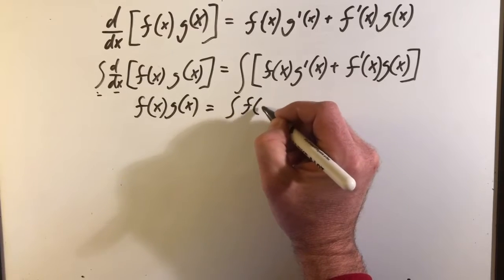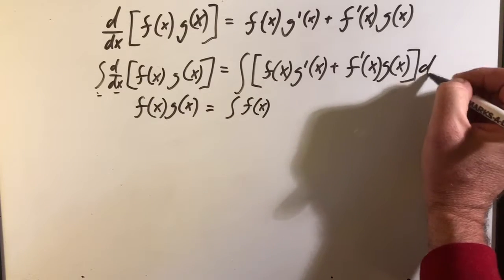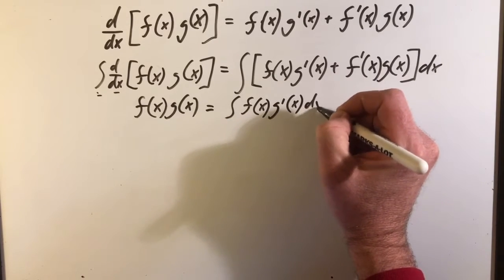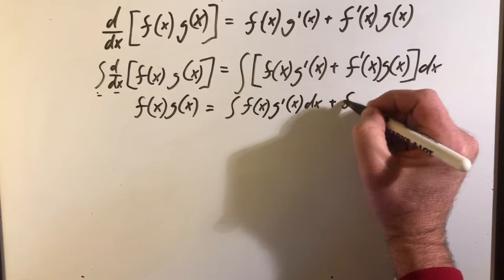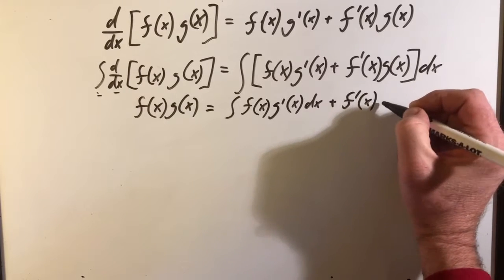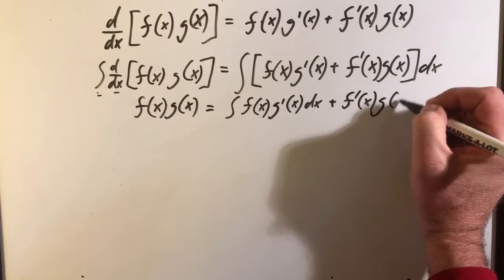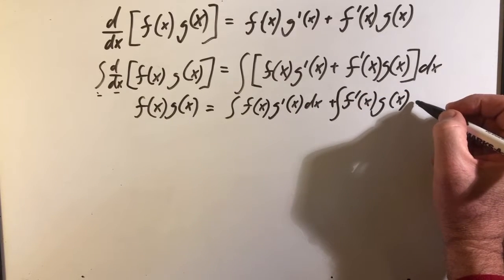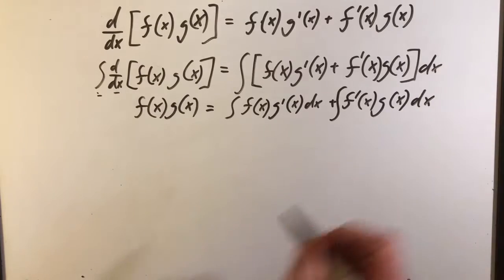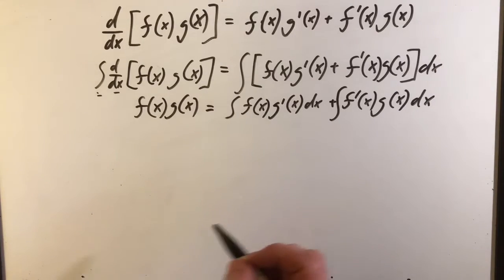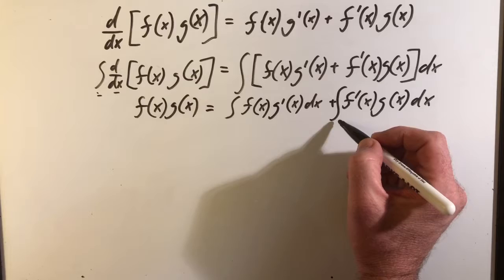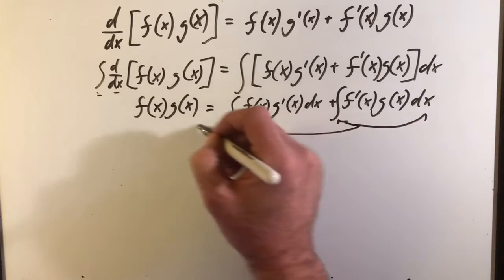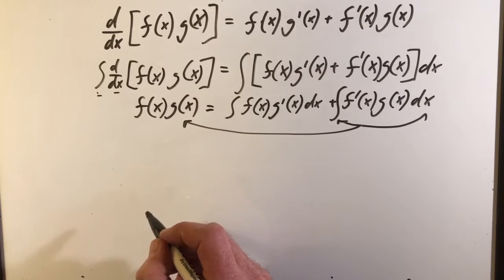Next step, the integral of f of x g prime of x dx, plus, oh, I always forget that, the integral of f prime of x g of x dx. Okay, so next step is to move this guy to the other side of the equal sign.